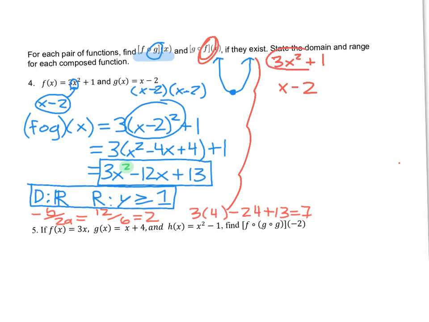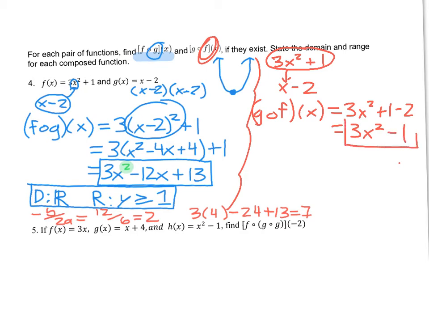So this, which is f, gets plugged in right there. So that's going to become 3, and let me label that this is g compose f of x. So x gets replaced by 3x squared plus 1, and then minus 2 is still there. So final answer here is 3x squared plus 1 minus 2 is negative 1.